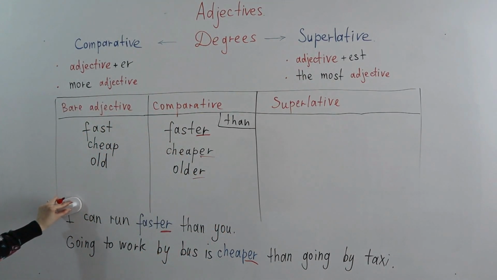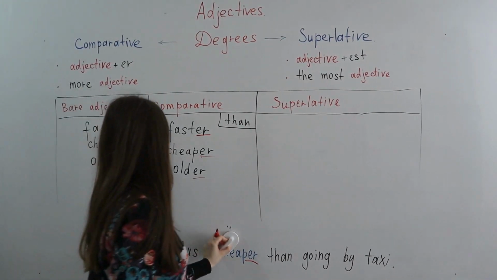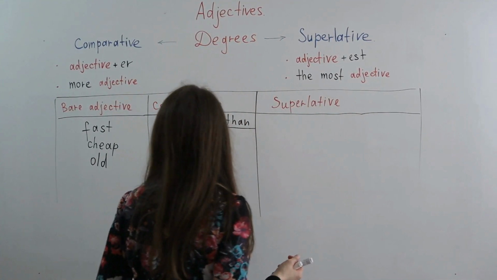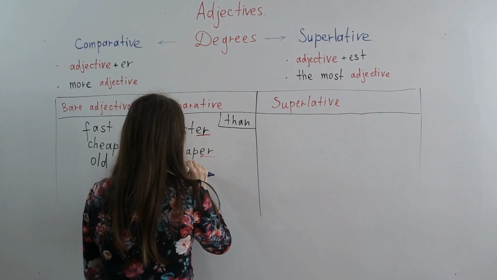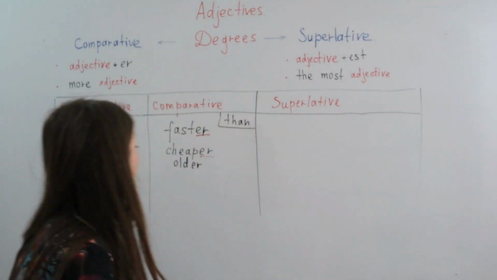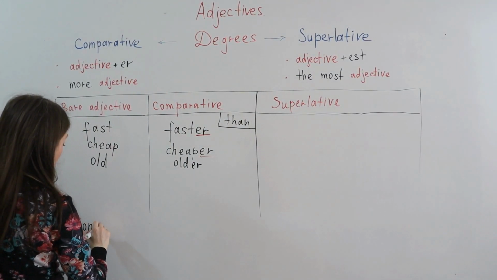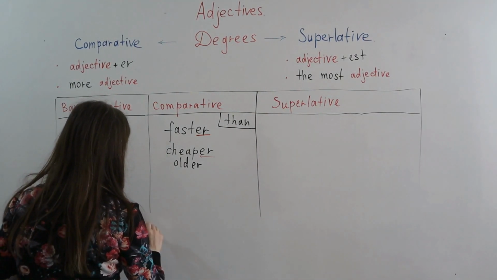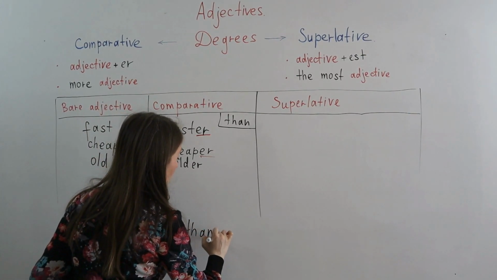I have to clean this, all right? Older. I will write it a bit upper. So, for example, London is older than New York.